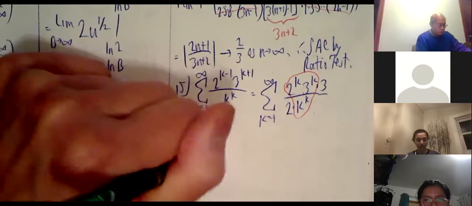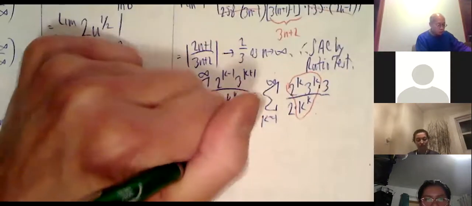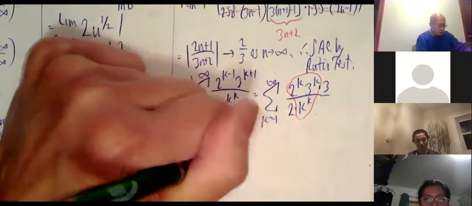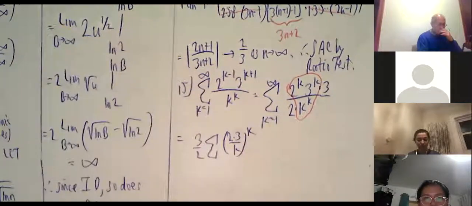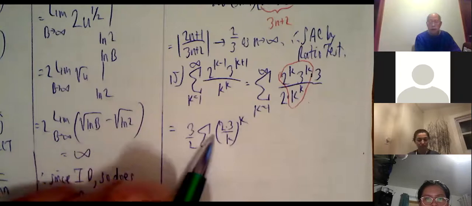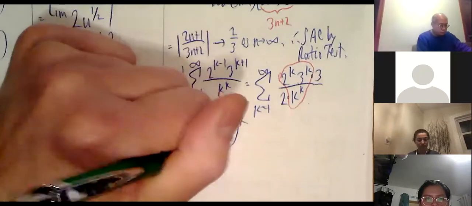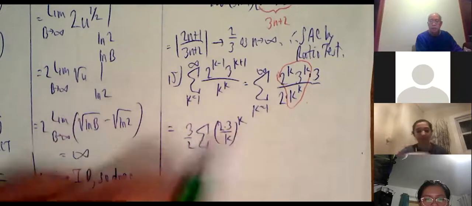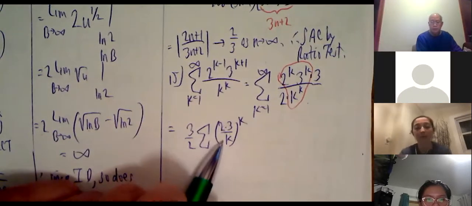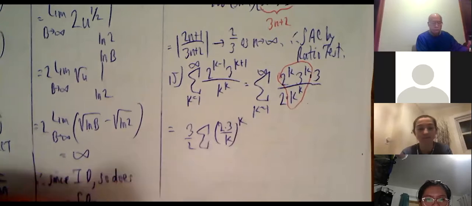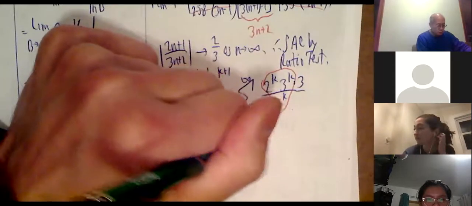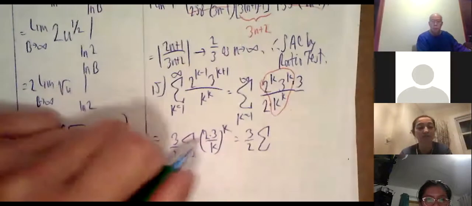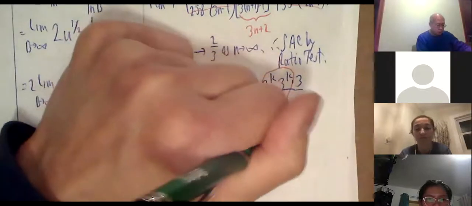So 3/2 summation 2 times 3 over k, I'm going to write it like that. 2 to the k, 3 to the k, k to the k. I can write it like this: 2 times 3 over k raised to the k power, right? Which is 3/2 summation 2 times 3 is 6, 6 over k to the k.